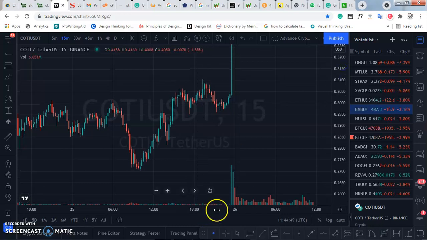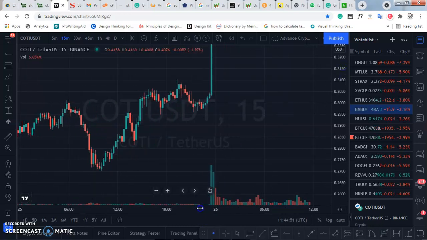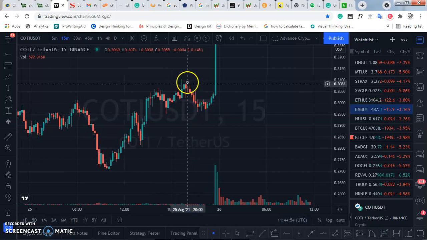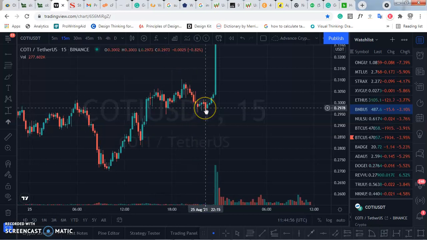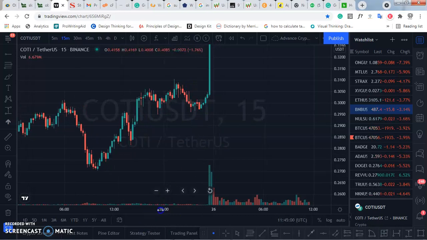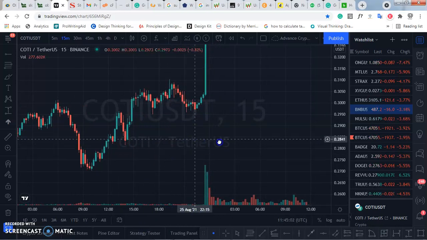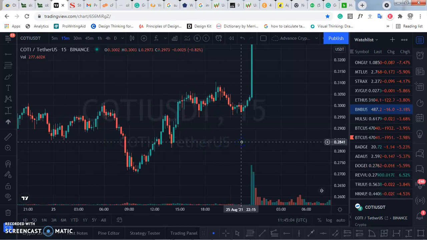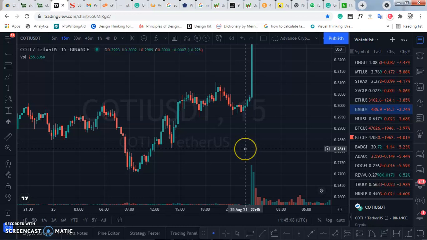So we look at this. What we are trying to identify is whether there is any pattern that points to a healthy trend. Every market has what we call a chart pattern.